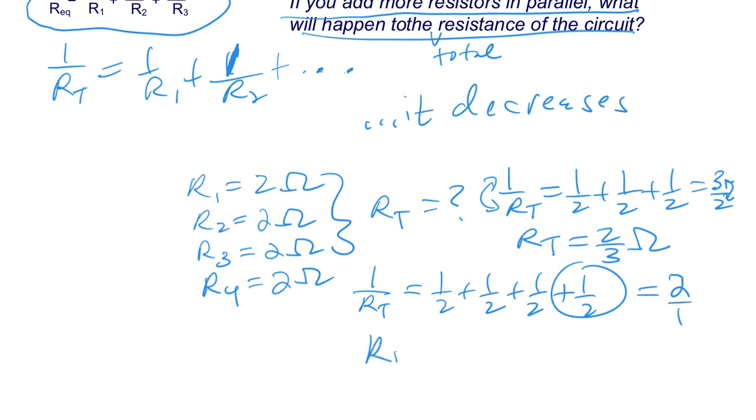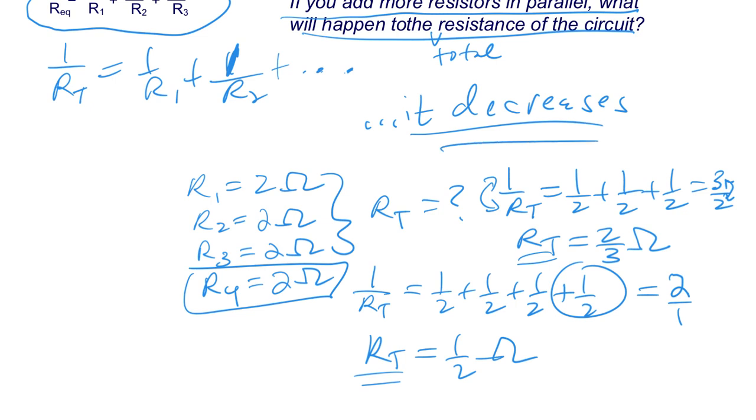So flip it around, the new RT, by adding just one more resistor, would be 1 half. Okay, 1/2 is smaller than 2/3. So adding resistors makes the total resistance decrease in a parallel circuit.